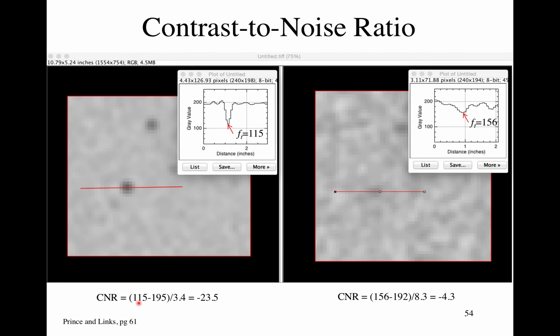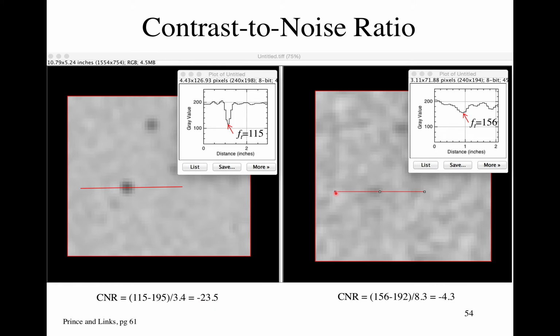We look at the signal of the object, do a profile through it, and see here's the background, there's the object. It goes down to 115 here and comes back up to 195 here. So it's 115 minus 195 divided by sigma. That's the signal to noise for this object: minus 23.5, negative because it goes down.